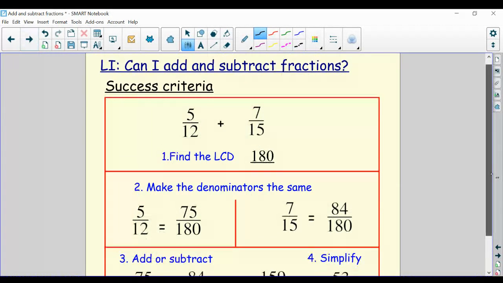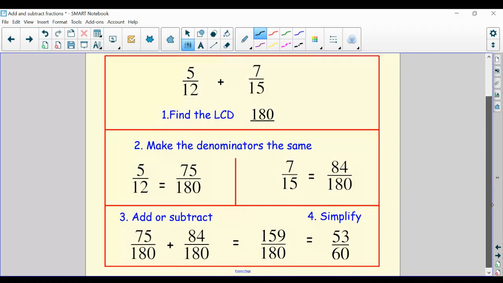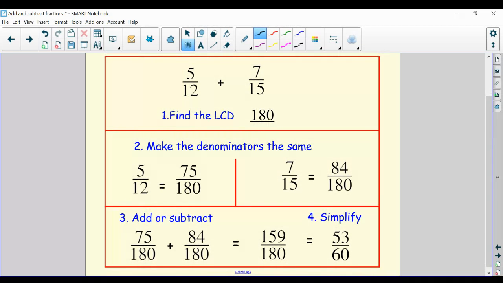So here is the success criteria. First of all, find the lowest common multiple. So for 12 and 15, that is 180. Then you convert, you find equivalent fractions, so you find out how much you need to multiply each time.